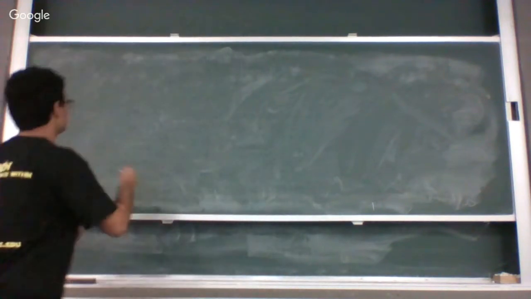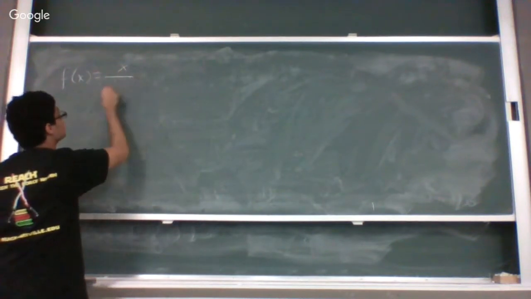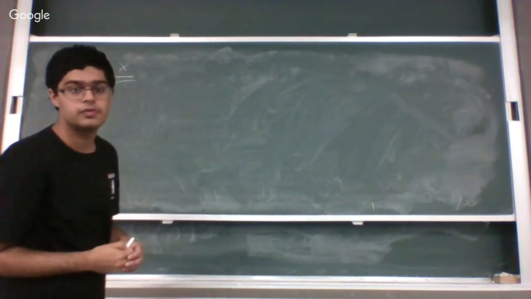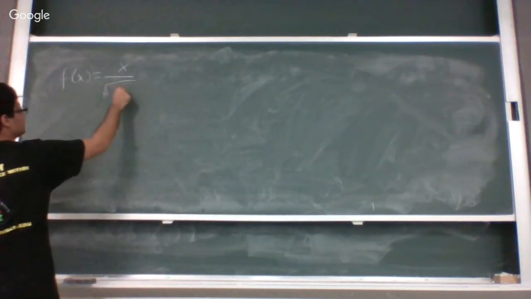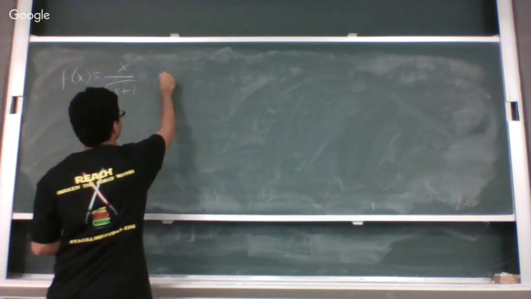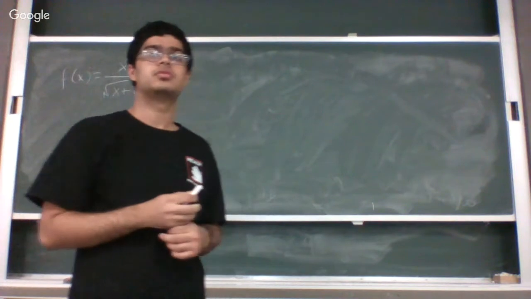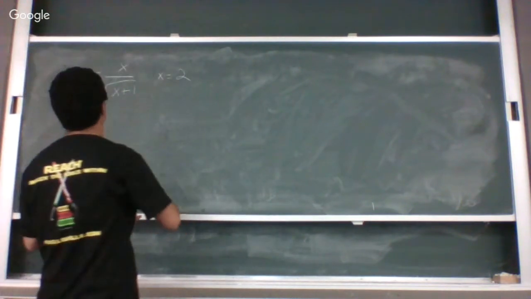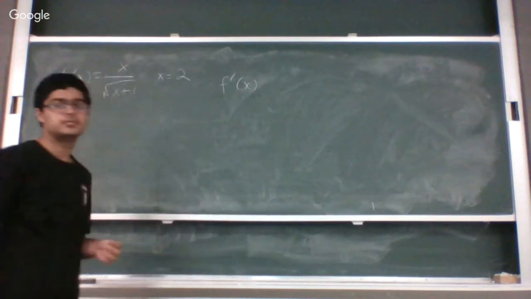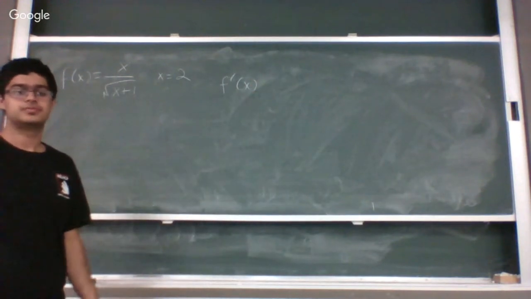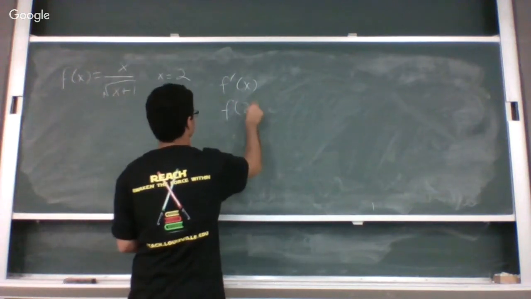Say f of x is equal to x over the square root of x plus 1, when x is 2. So the first thing that you do is you do f prime, right? You guys know how to do that. Then you do f at 2.